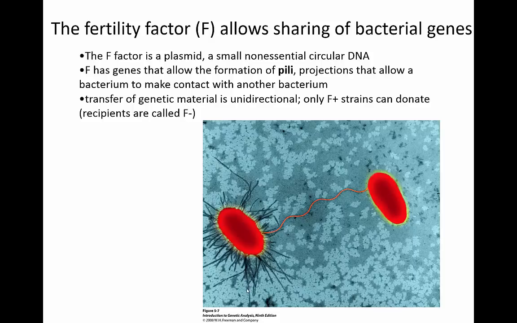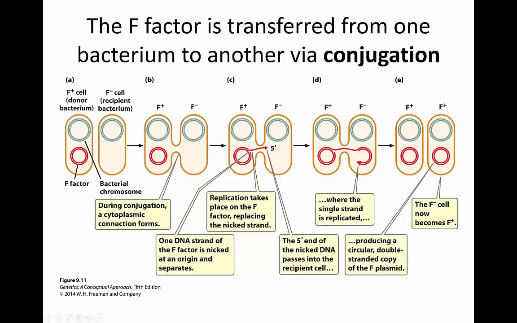Singular would be pilus. These projections can then contact a neighboring cell, and DNA can actually be transferred via the pilus from the bacterial cell that has the F plasmid to one that does not have an F plasmid. So to summarize how the F factor works, a bacterium that harbors an F plasmid, shown in red here, is called an F plus cell, and one that does not have an F plasmid is called an F minus cell.